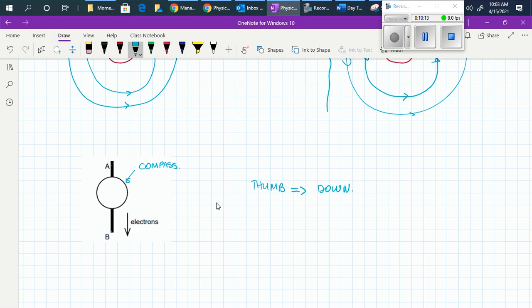We don't change the direction because the electrons are negatively charged, and then the fingers will wrap the current, and this way what we will see is that the magnetic field will be on the right of the wire, going into the page, and on the left of the wire will be out of the page. So we'll have something like this.